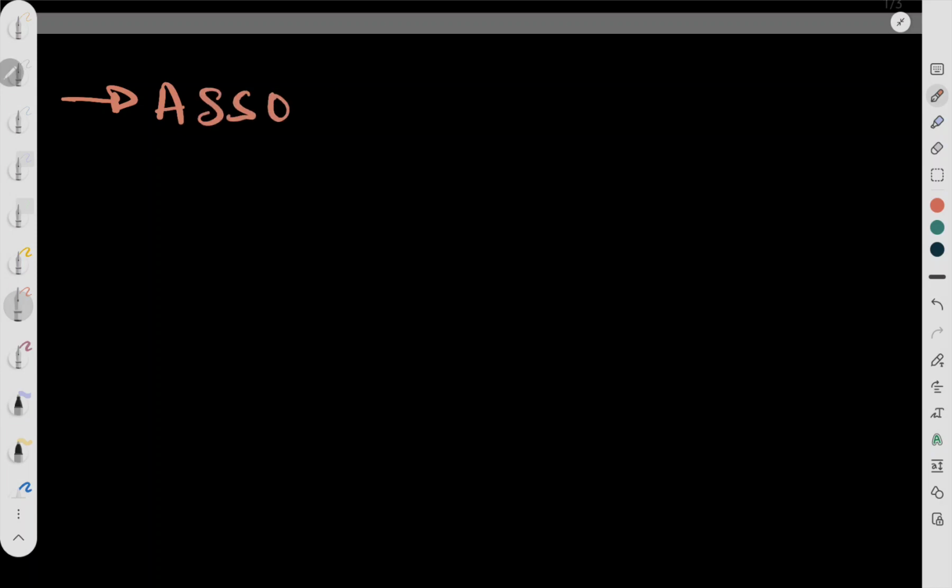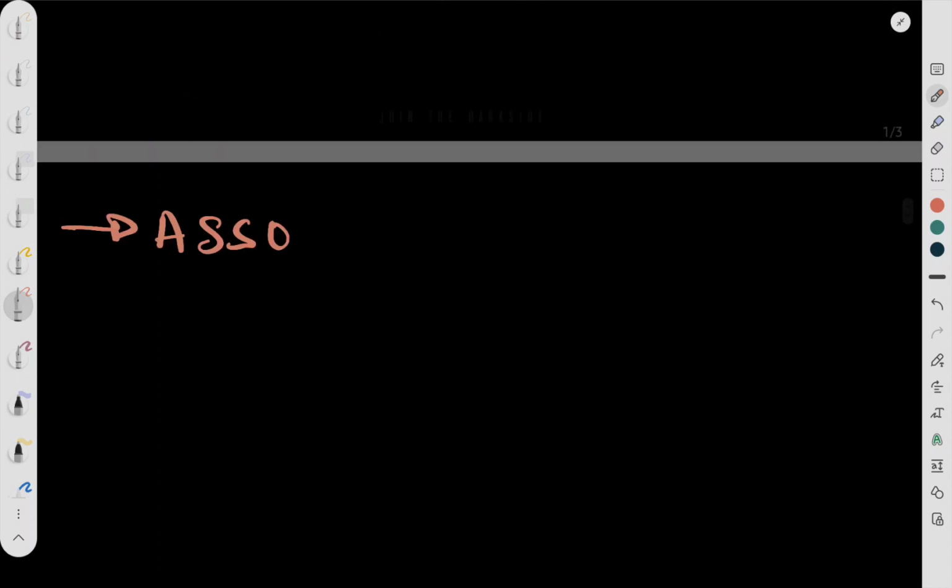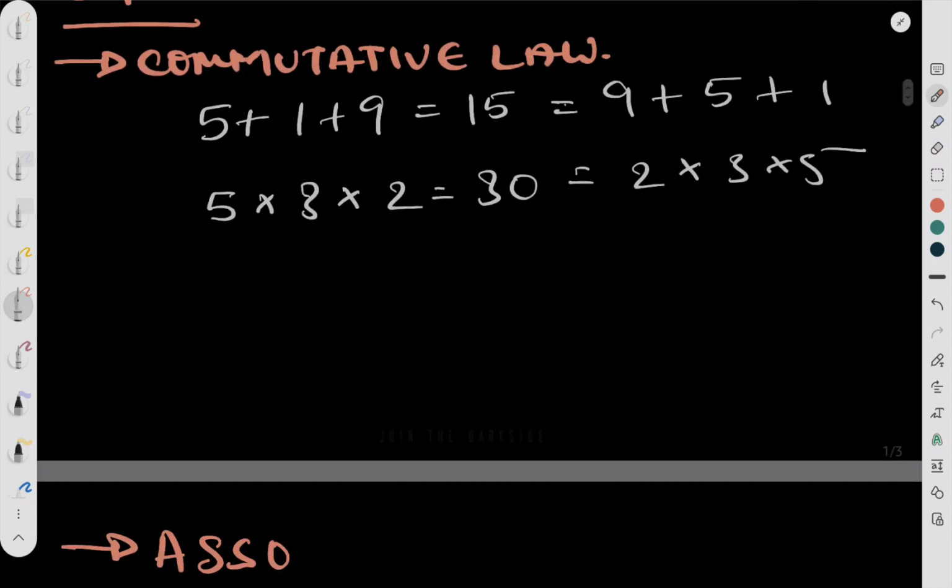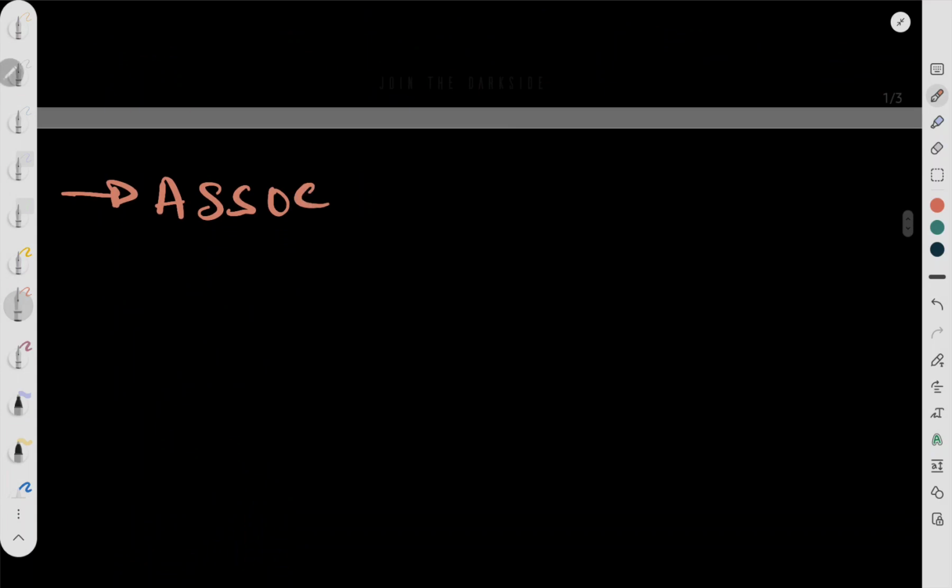Well, the associative law, we can say that it's an extension of the commutative law because in the associative law we just add brackets to the equation. So in this equation of 5 plus 1 plus 9 is equal to 15, if we do brackets, okay, wait a second.